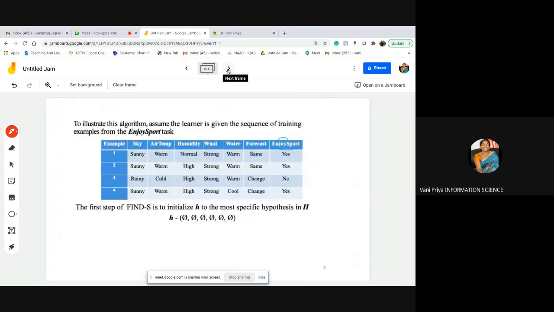How do we find whether it is positive or negative? If the value of EnjoySport is yes, that is a positive example. Otherwise it is a negative example. So we are going to consider only 1, 2 and 4 here. 3 will not be considered.